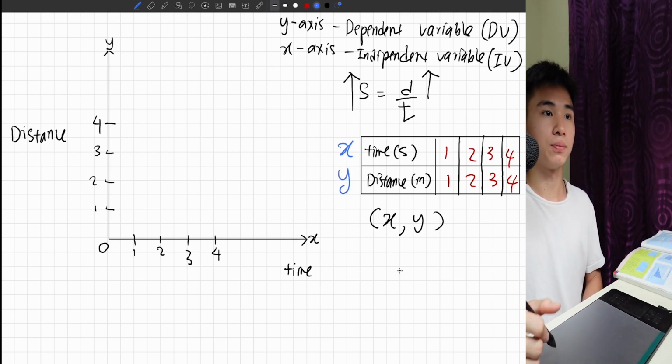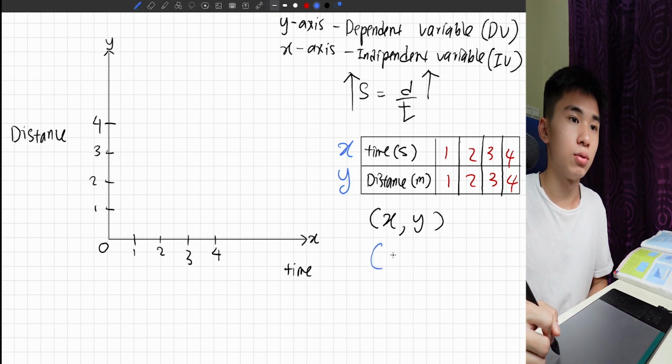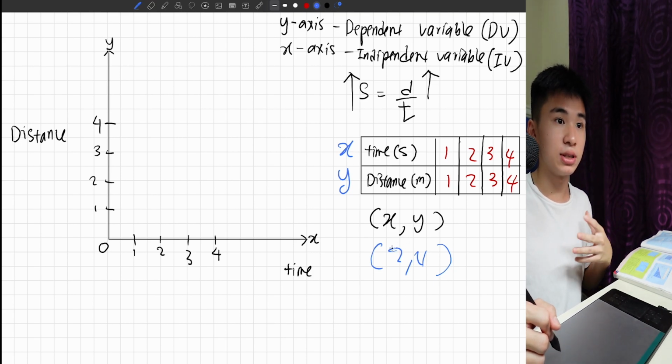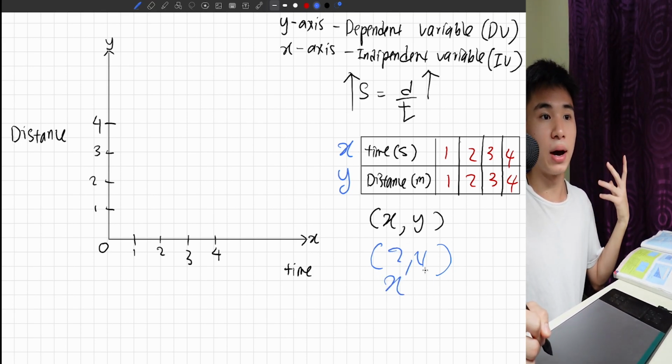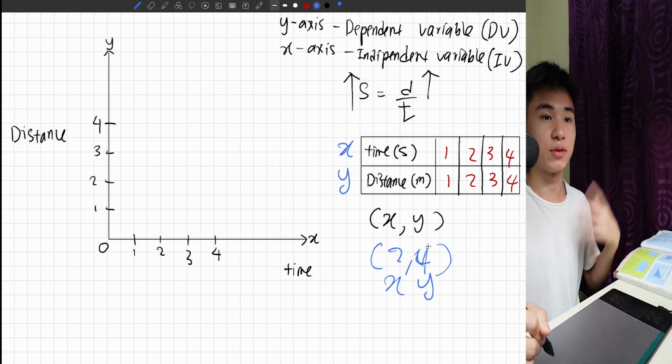So if the coordinate is 2 and 4, my x coordinate is 2, and my y coordinate is 4, which is here on my left-hand side.